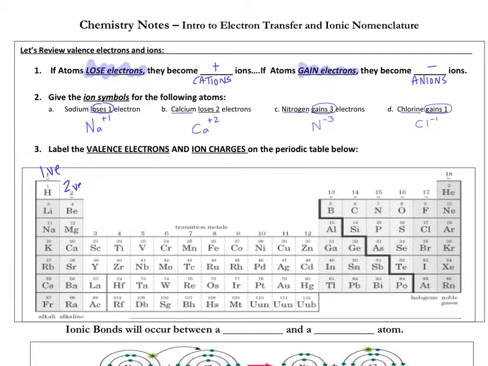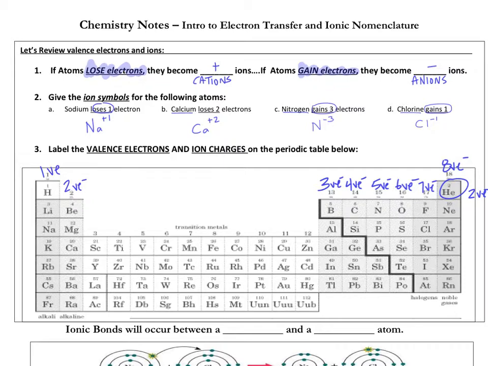Group 2 has 2 valence electrons. Group 13 has 3 valence electrons. We're going to skip over the transition metals. Group 14 has 4 valence electrons. Group 15 has 5, and so forth. And group 18 has 8 valence electrons, with the exception of helium. It only has 2.